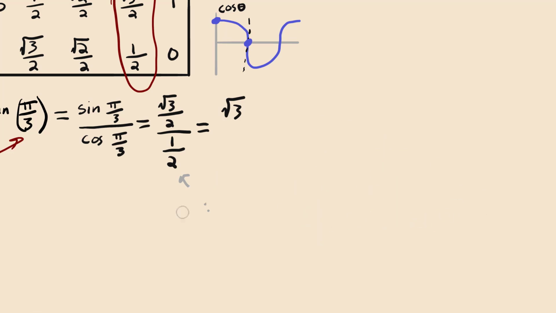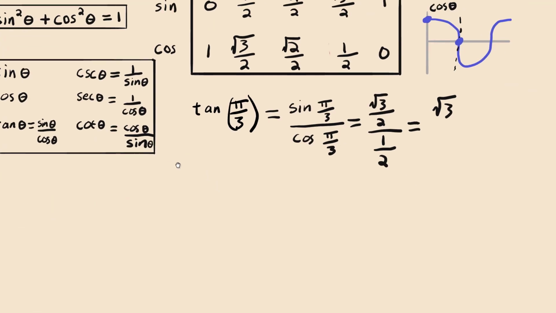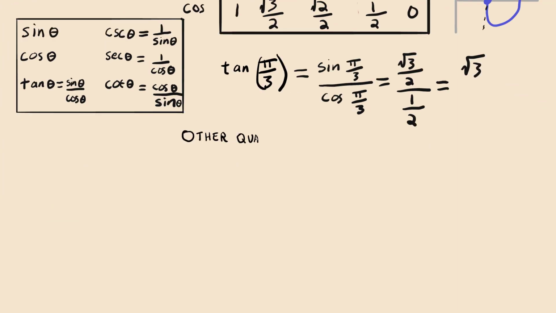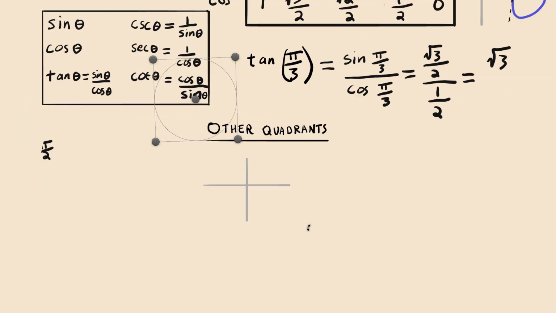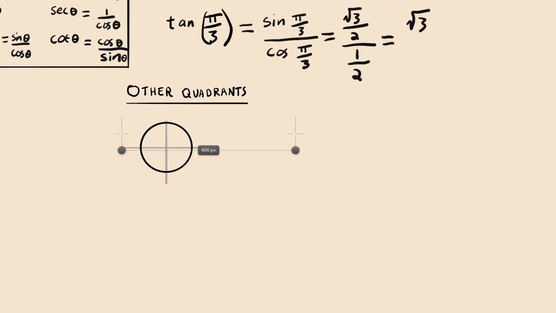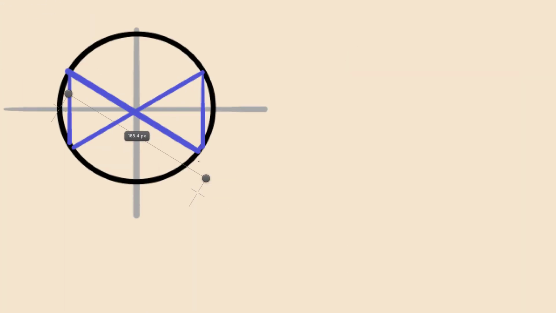Okay, so how do you translate this to the other quadrants? You'll notice that whenever you draw out a triangle from the center, that triangle is always going to be oriented toward the x-axis. Basically, that angle that you get is going to mirror the angle that you get in the first quadrant.